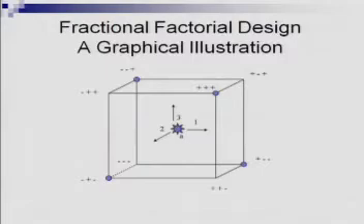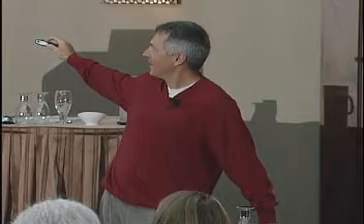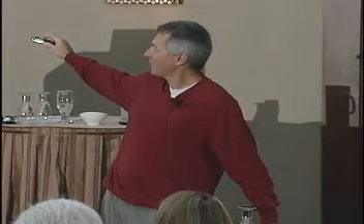What would be a more efficient type of design that also maintains balance? I've given you a hint up here. Turn them all on, or turn one on at a time. That would be considered a balanced, optimal, fractional factorial design. I'm not going to get into why that's the case.